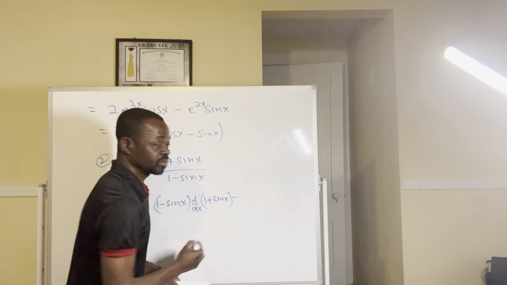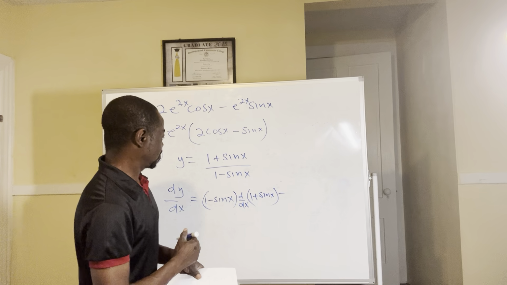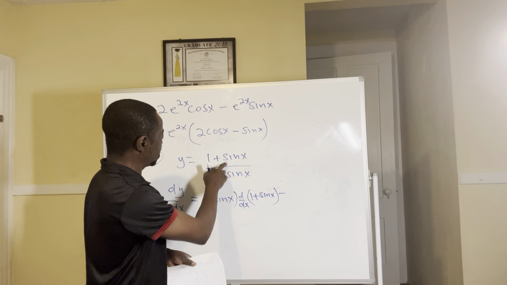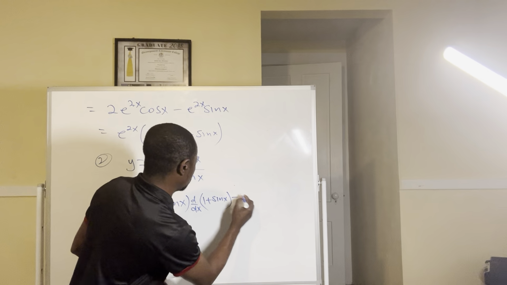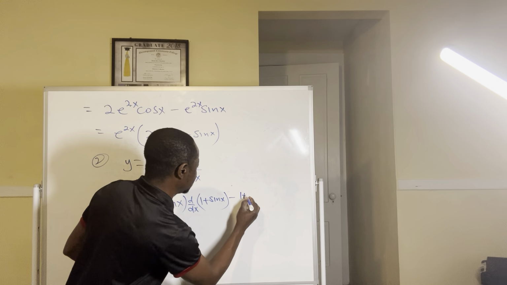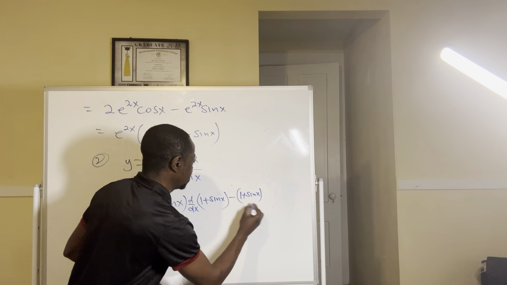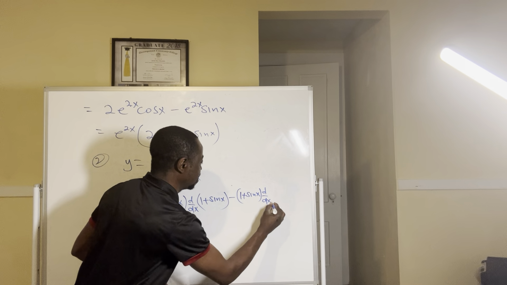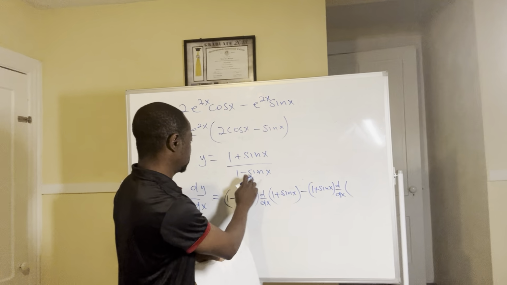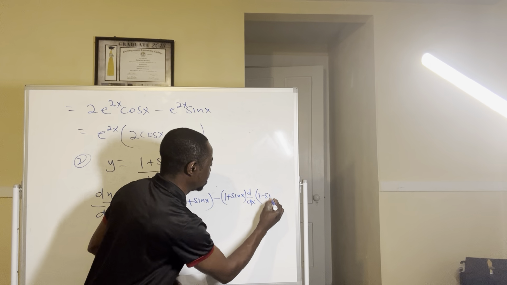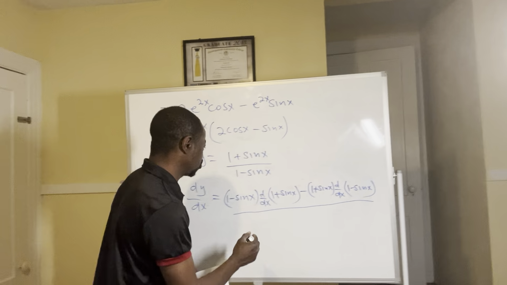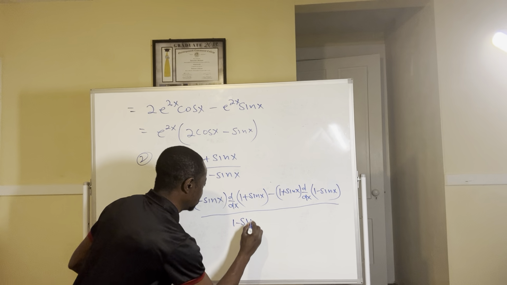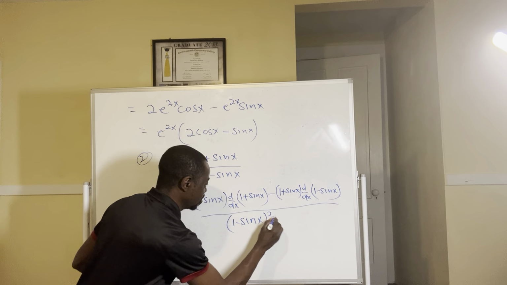This is minus, we hold the guy at the top constant, then we differentiate the one at the bottom. So we have 1 plus sine of x, then d/dx of the guy at the bottom, which is 1 minus sine of x, then all over the guy at the bottom squared, 1 minus sine of x, then we square everything.